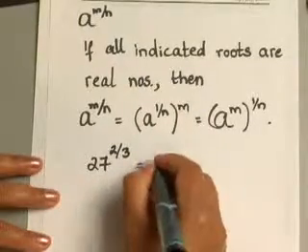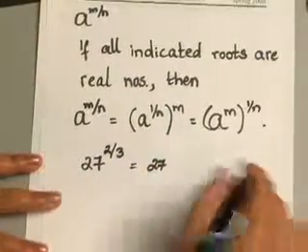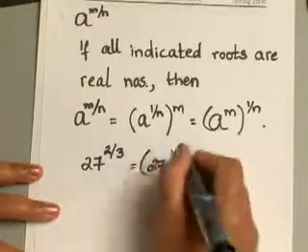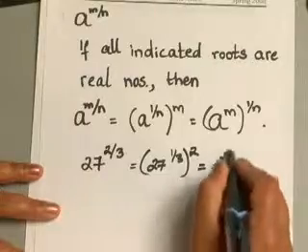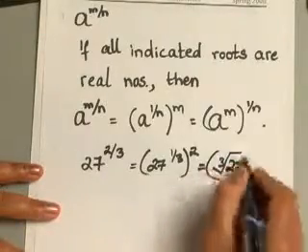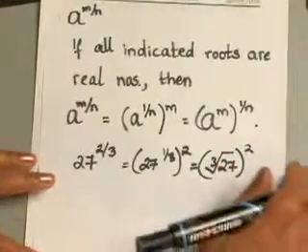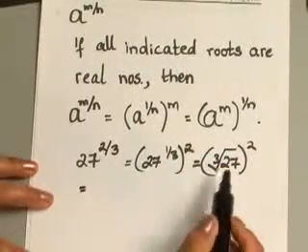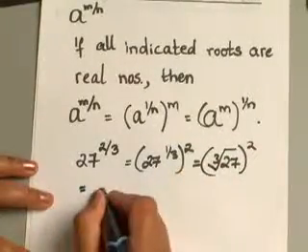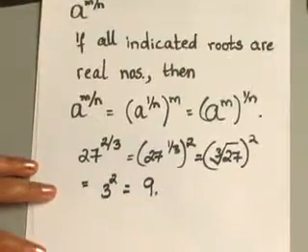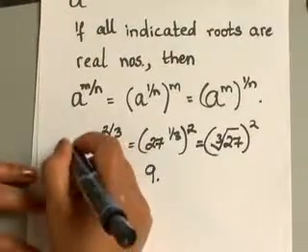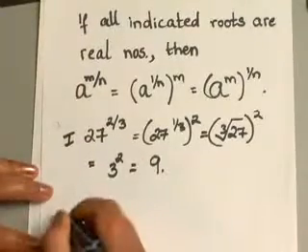So this should break down into 27 to the 1/3, and then take the 2 outside, which is basically the cube root of 27, and then square it. The cube root of 27 is 3, the square on the outside, 3 squared is 9. So that was one way of doing it.